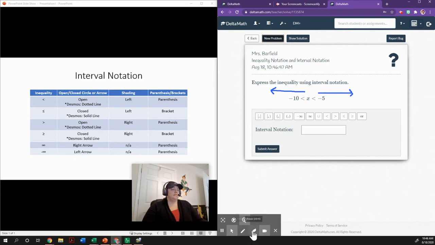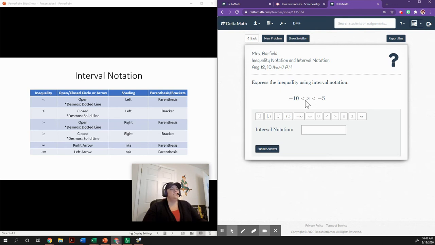All right. Let's erase that. Okay. So it says express the inequality using interval notation. Well, remember that's what that is, and it is really easy because you're just going to pick one of these based on the symbols that are here, and your two numbers are just going to go right inside those parentheses, brackets, whatever combination it is.